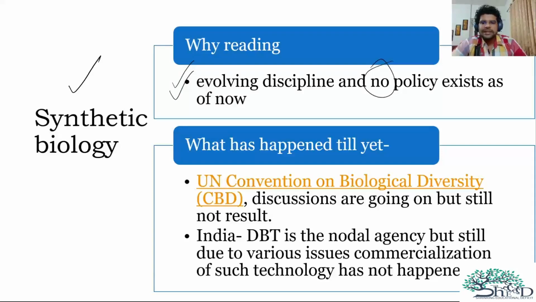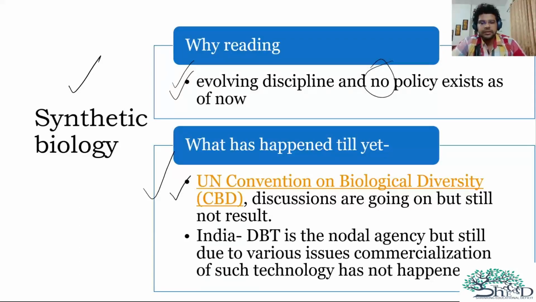So basically synthetic biology is a branch of science in which you redesign organisms for useful purposes by engineering them so that they have new abilities. So you give current organisms new abilities by genetic engineering, right? So till now there is the UN Convention on Biological Diversity.